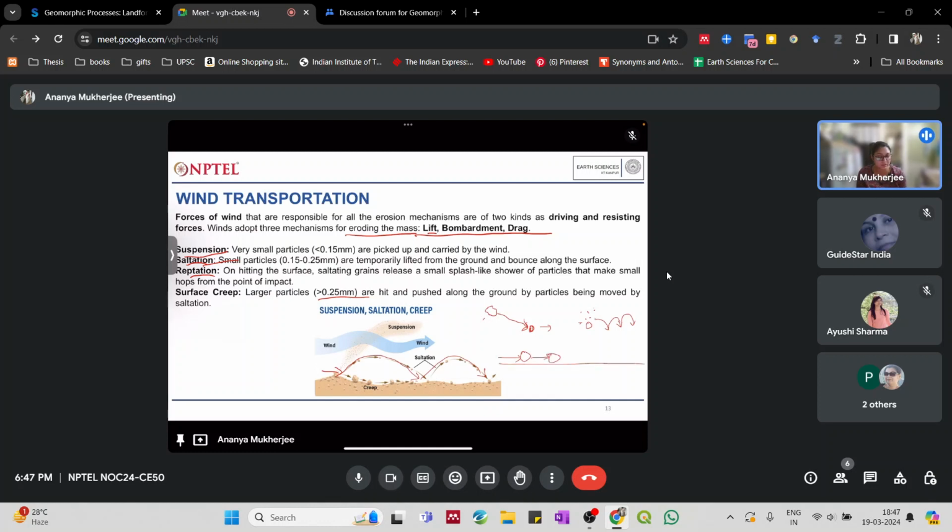If this particle hits this, then this will get dragged forward, and it's similar to saltation, but it does not gain a lot of height when moving from one place to another. It's mostly dragged on the surface, and it is pushed by the particles that hit it. So these are the transportation mechanisms that are active when the wind is transporting the different sediments.